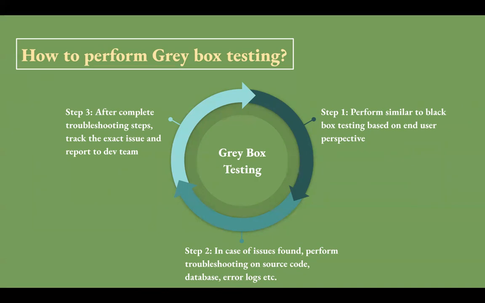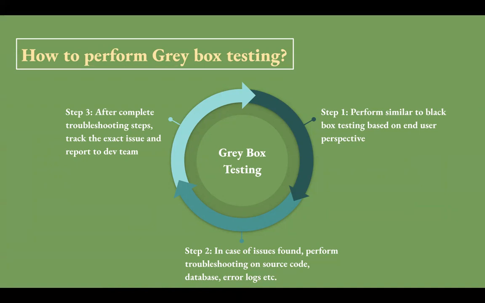In gray box testing, at the first step, you will perform testing similar to black box, in which you will execute your test cases on behalf of the end user, like how the end user will interact with that application. During that process, suppose you found an issue. Now you will confirm whether that issue appears at the functionality level, and then it can be resolved without troubleshooting further in the source code.